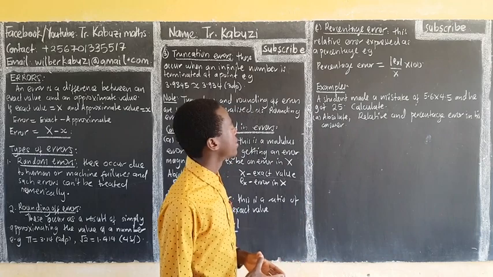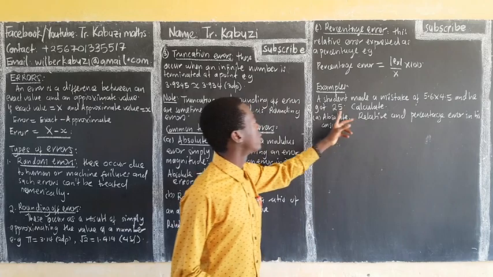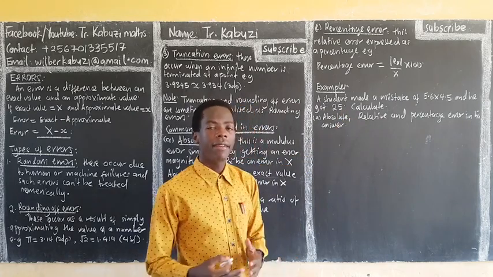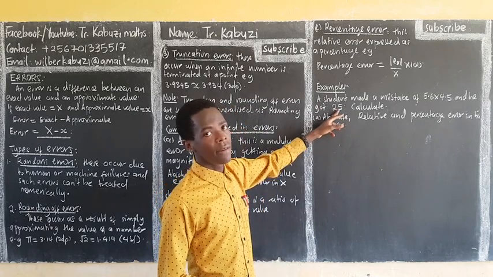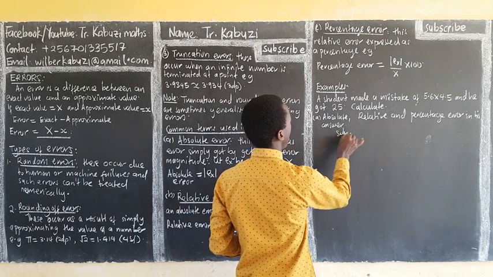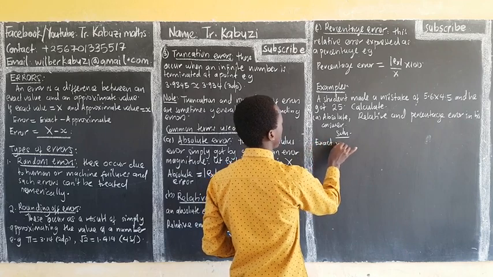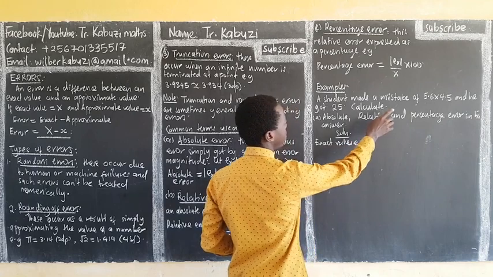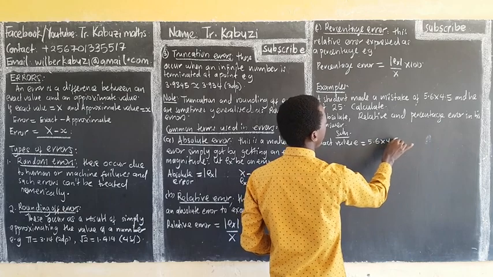Let us see some examples here. A student made a mistake of multiplying this and he got 25. Calculate the absolute error. To calculate any error, you need to have the exact and the approximate value. So this is going to be the approximate value, but what is the exact? In our solution, we come to the exact value. Our exact value is when we multiply 5.6 times 4.5.